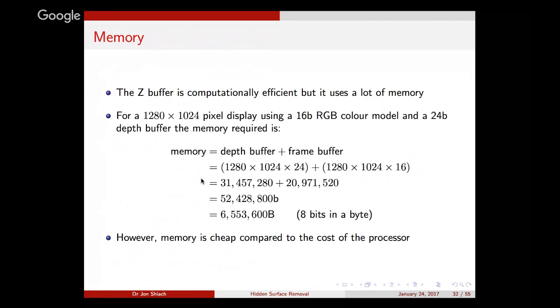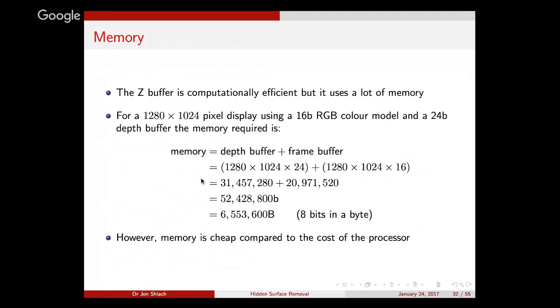So if I take a fairly reasonable display, this is quite low res for modern displays, but 1280 by 1024. So that's 1,024 rows of pixels and 1,280 columns, which a couple of years ago was fairly standard.